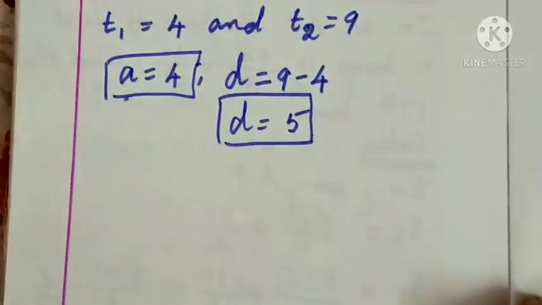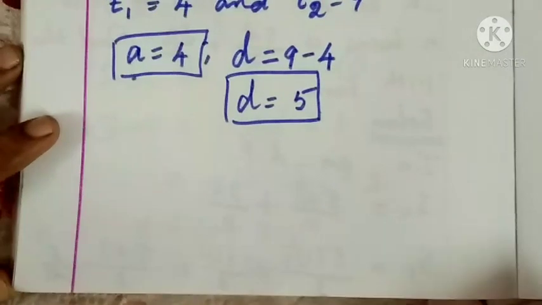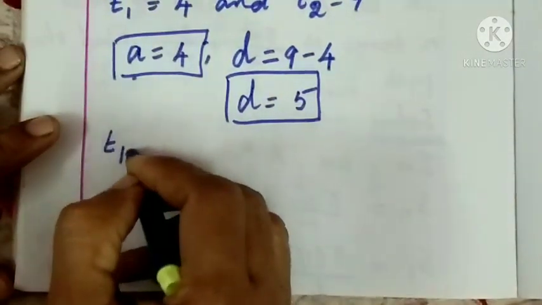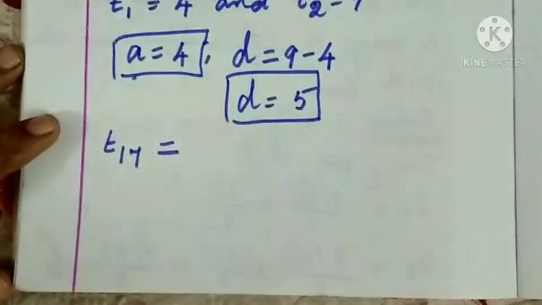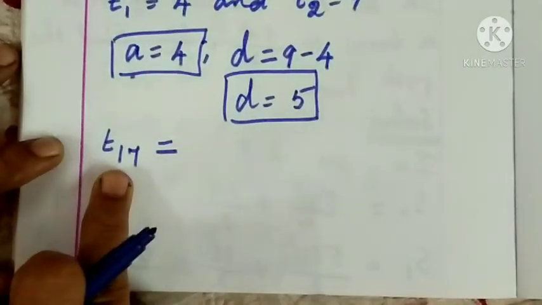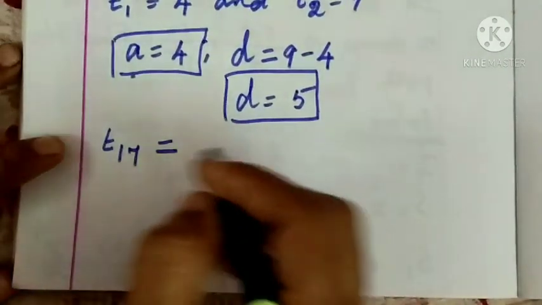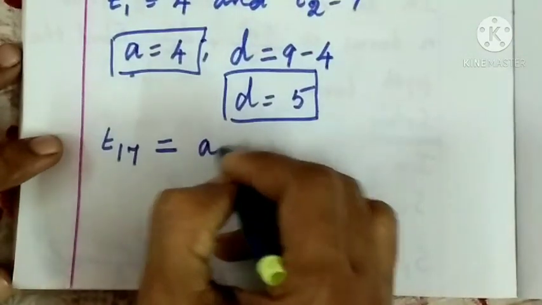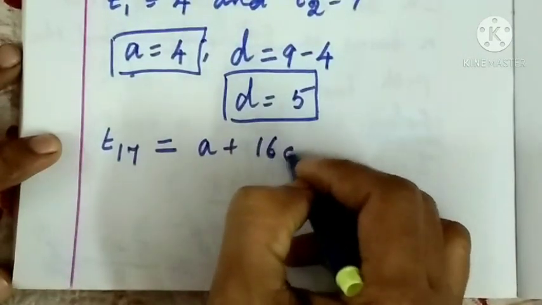In this question, we have to find the value of the 17th term. Therefore, T17 is equal to, write the general form of T17. The general form of T17 is a plus 16d.